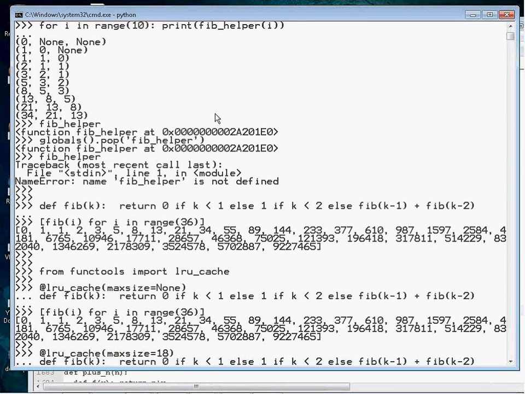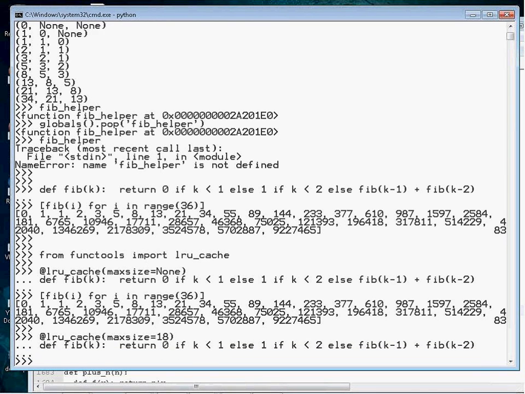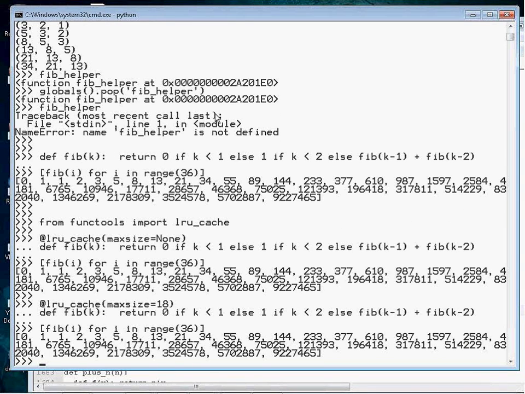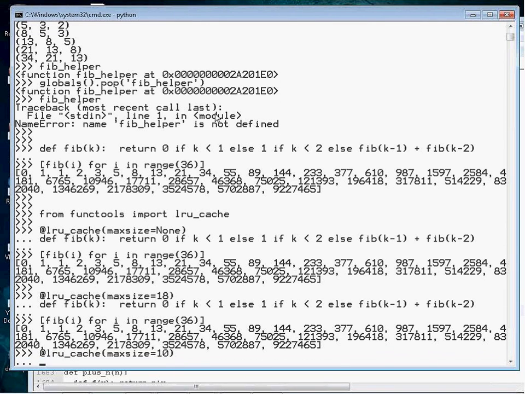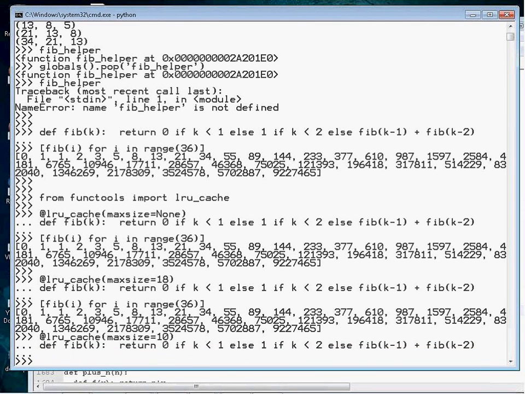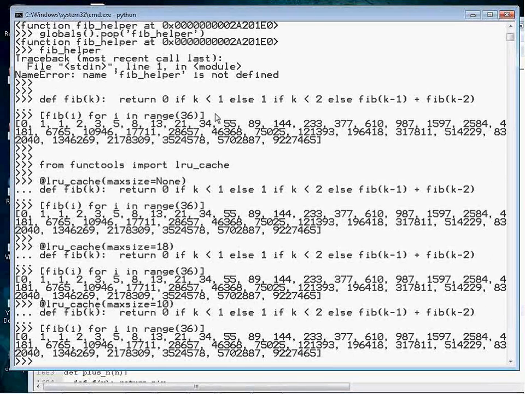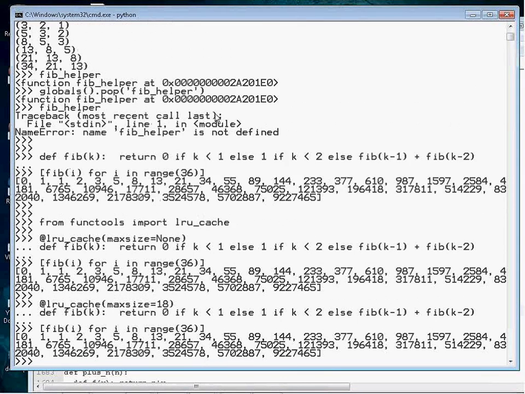Let max size equal 10. Pretty good. So max size equals 4. Max size equals 2.